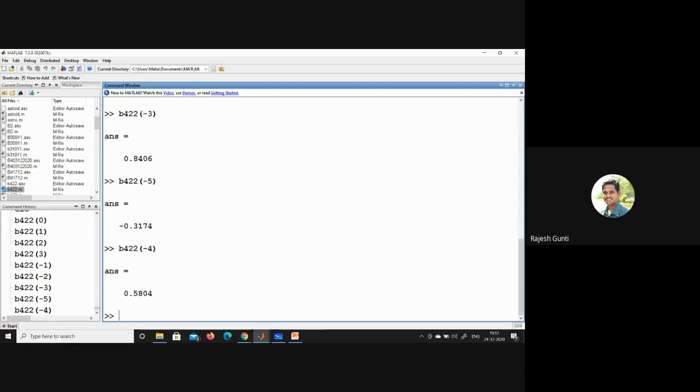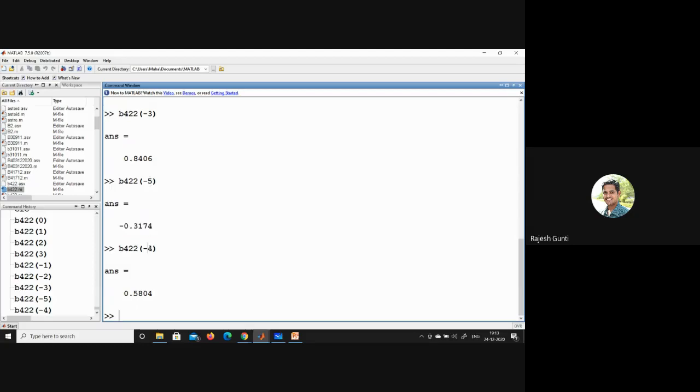At x is equal to minus 3, the function value is 0.8406. At x is equal to minus 4, again positive. This is positive, this is positive, this is negative. So the root lies between minus 5 and minus 4.